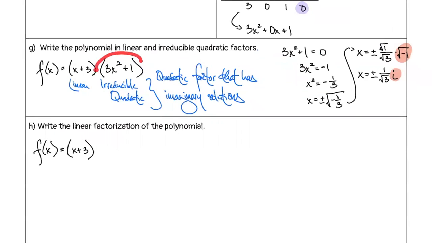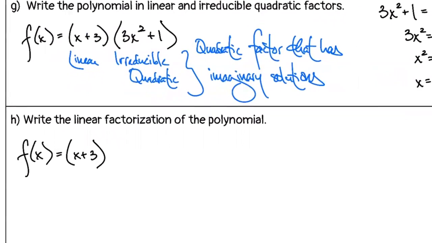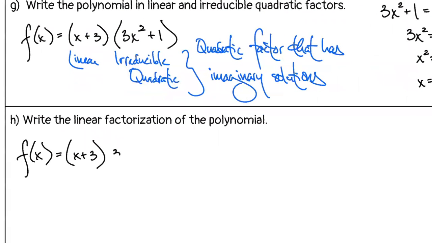So in this irreducible quadratic factor, what is the leading coefficient? It's a 3. So I'm going to suggest that we go ahead and pull out that leading coefficient. If I factor out a 3, what's left in the rest of it? x squared plus 1 over 3. Good.